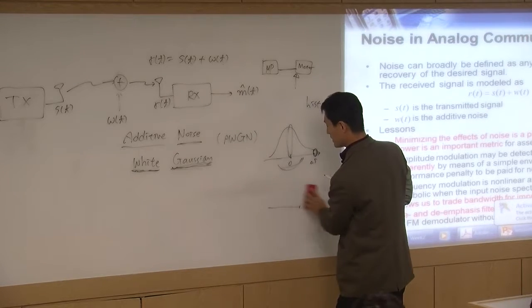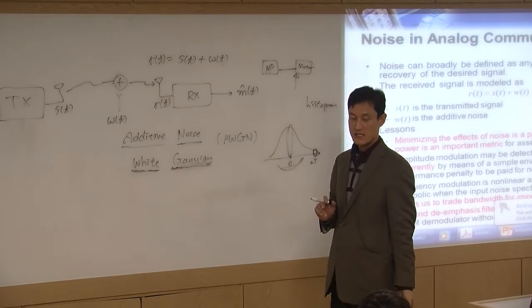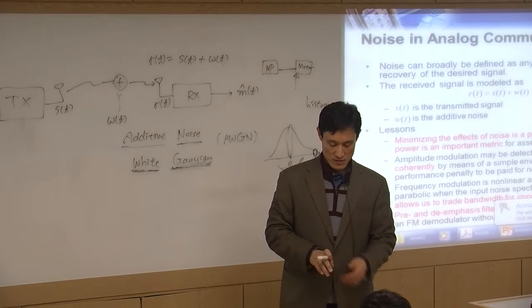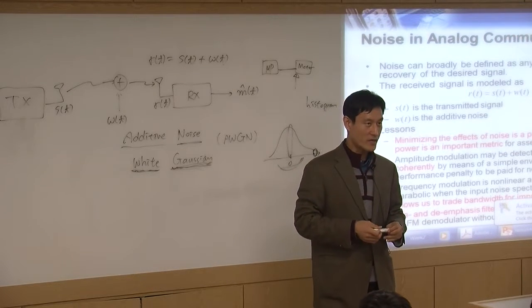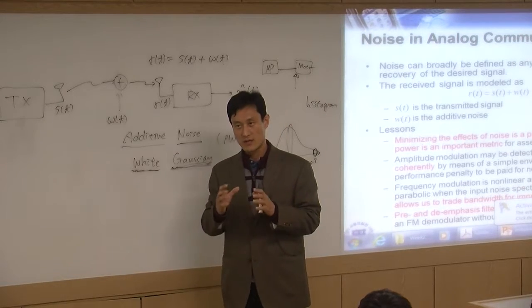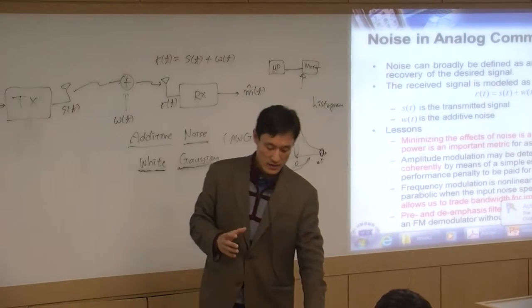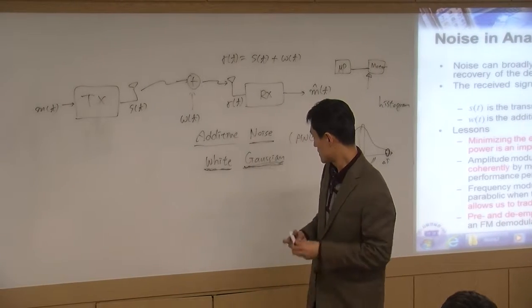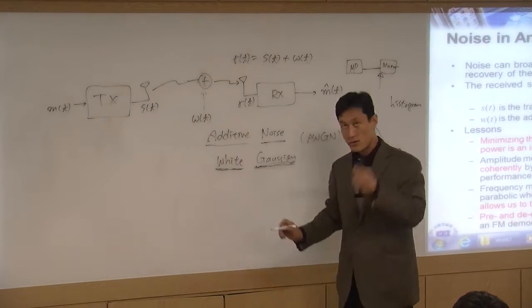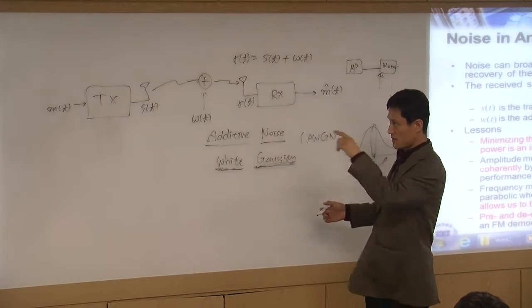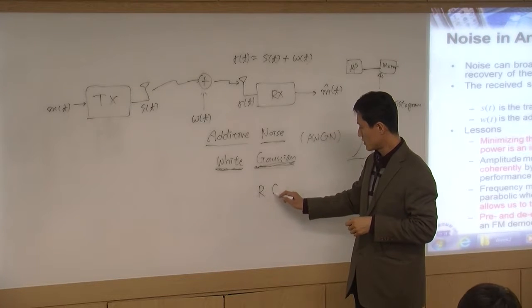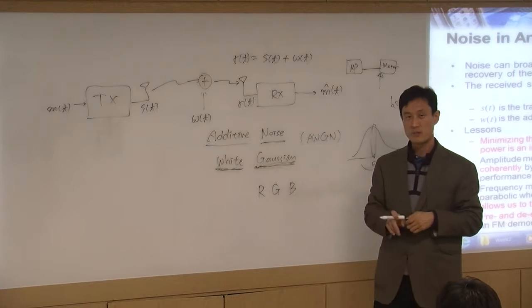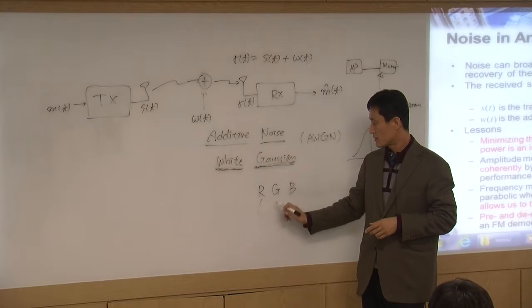The reason that we call this noise white is because of the white color. When you look at this monitor, you know that the monitor is using RGB, right? Red, green, blue.